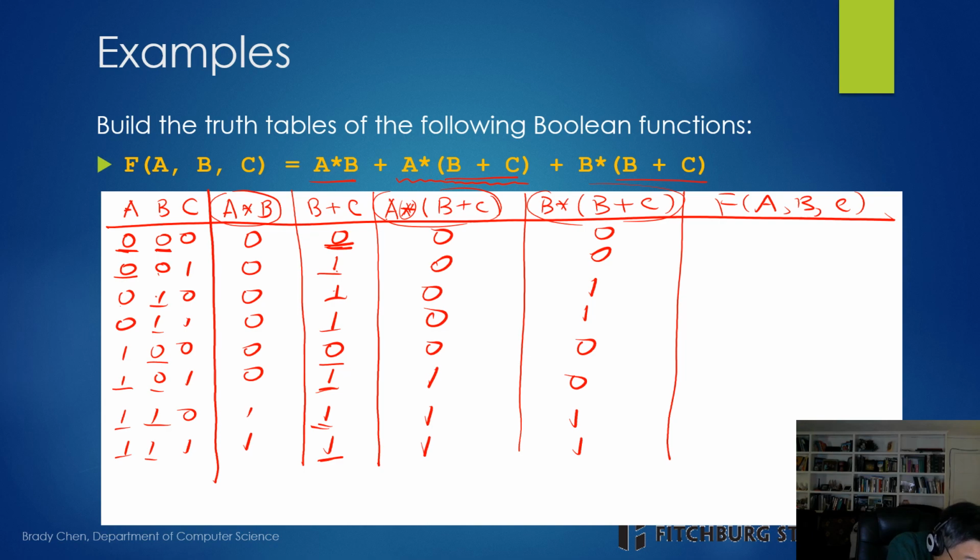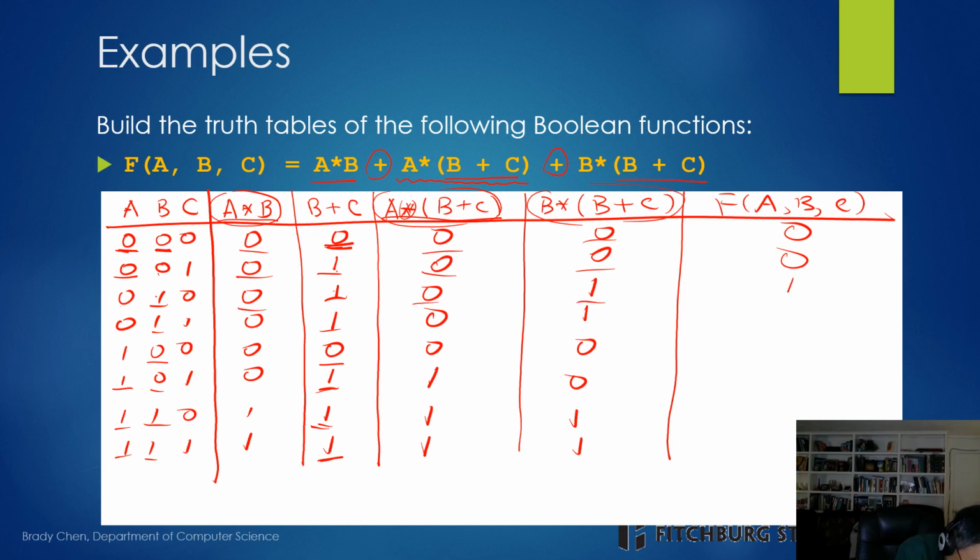Are these correct? Yes. Okay, so now we have the OR operation. You can first do the OR operation between this one and this expression, but you can do all of them together. So it's 0, 0, 0, that's 0, 0, 0, 0, that's 0, 0, 0, 1, it's 1.